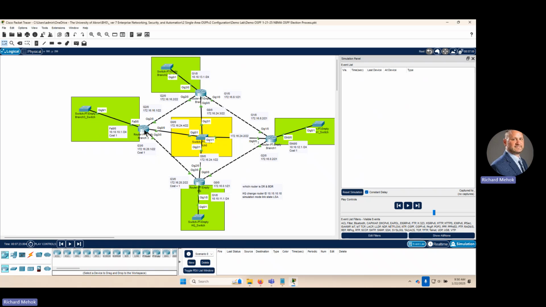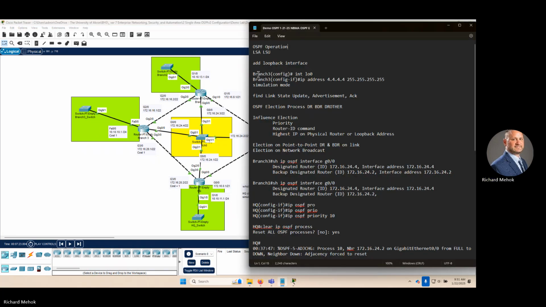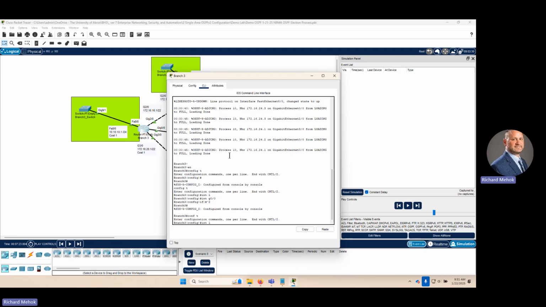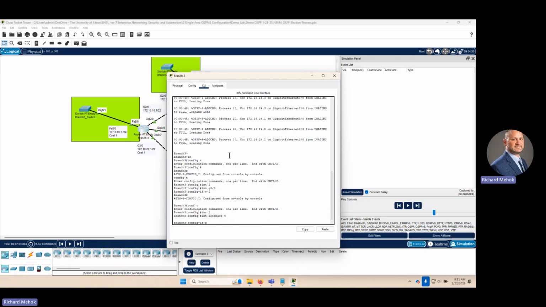So what we want to do now is add a loopback to branch 3. So to do that, config t, interface loopback 0, IP address. What did I make it?